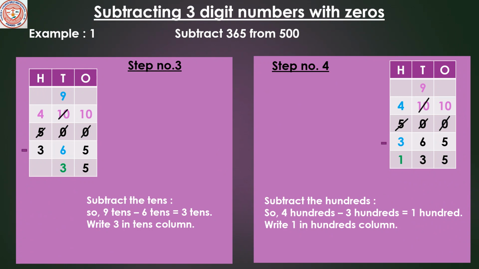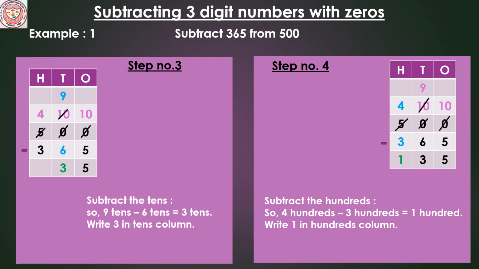Subtract the hundreds. In the hundreds column, there are 4 hundreds and 3 hundreds. So now subtract 3 hundreds from 4 hundreds. It means 4 hundreds minus 3 hundreds is equal to 1 hundred. So write 1 in the hundreds column.